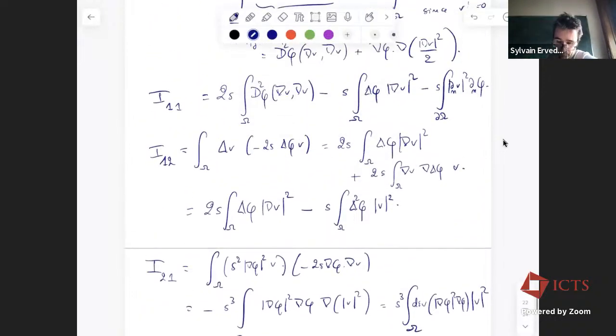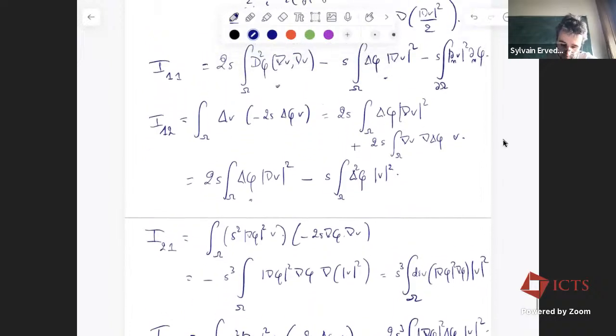So you have to track first, well, there are many ways to do that, but you have to keep all the terms. So first I will simply look at the terms in gradient of V squared. So I have this one here, this one, and that's it, right?